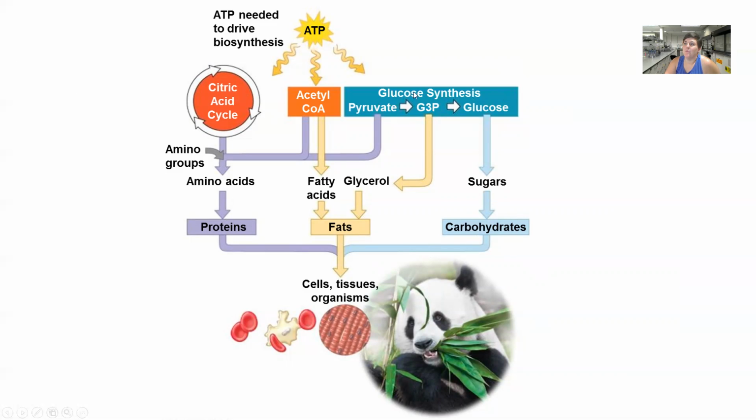Byproducts of glycolysis actually can go into the creation of fats and fatty acids. Byproducts of pyruvate and the Krebs cycle actually can go directly into the synthesis of proteins.